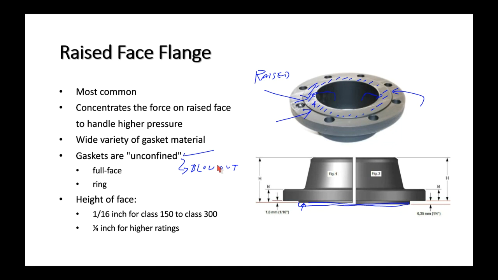Maybe you didn't tighten it up enough, maybe you tightened it in the wrong bolt sequence, maybe the gasket is too thick, maybe you're supposed to use a thinner gasket for that particular pressure. Or maybe you got a gasket that's susceptible to some of the materials flowing through the pipe. And so an unconfined gasket, because it's exposed to the fluid, could blow out, and then we've got a real mess in the powerhouse.